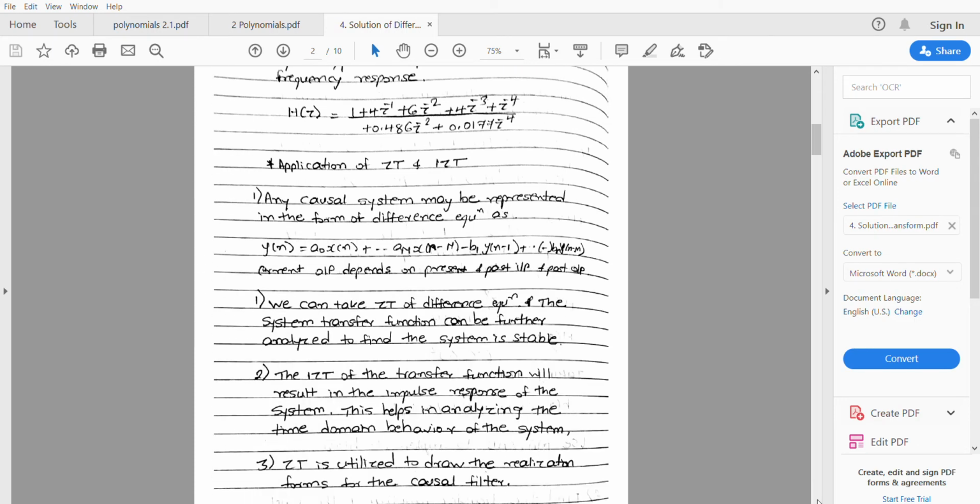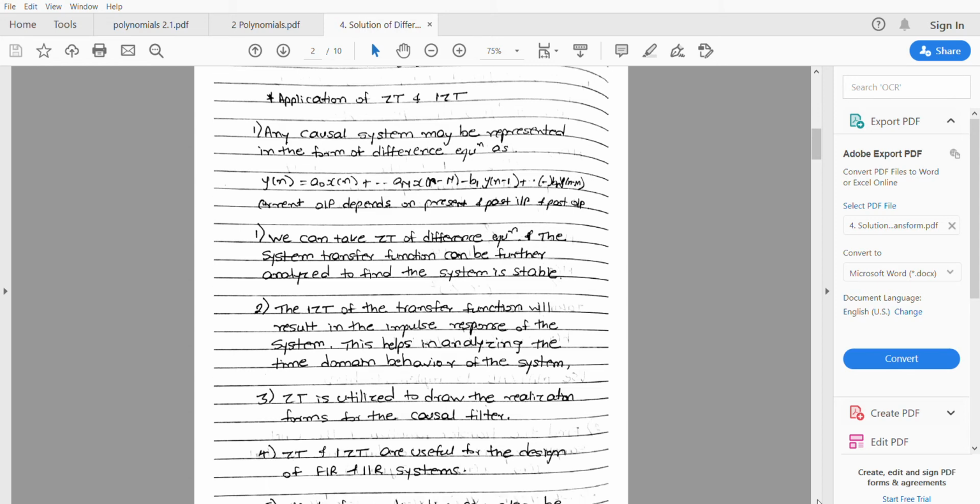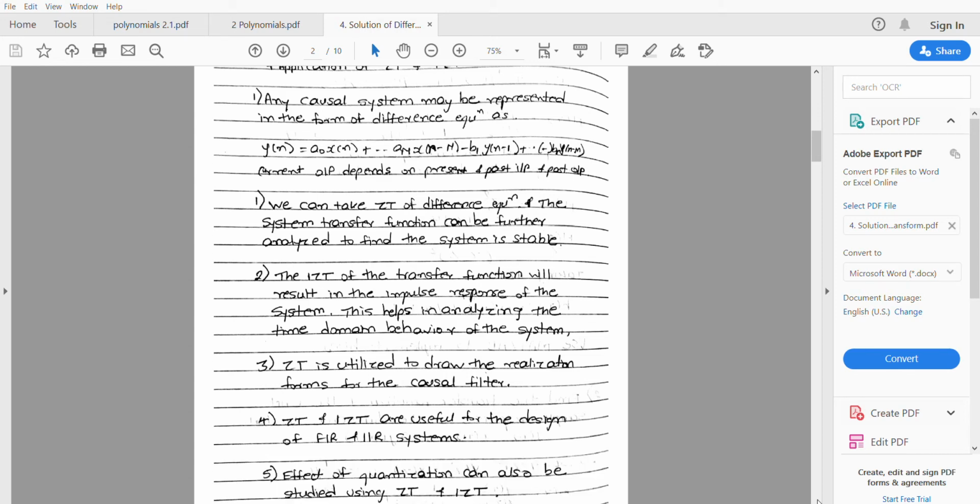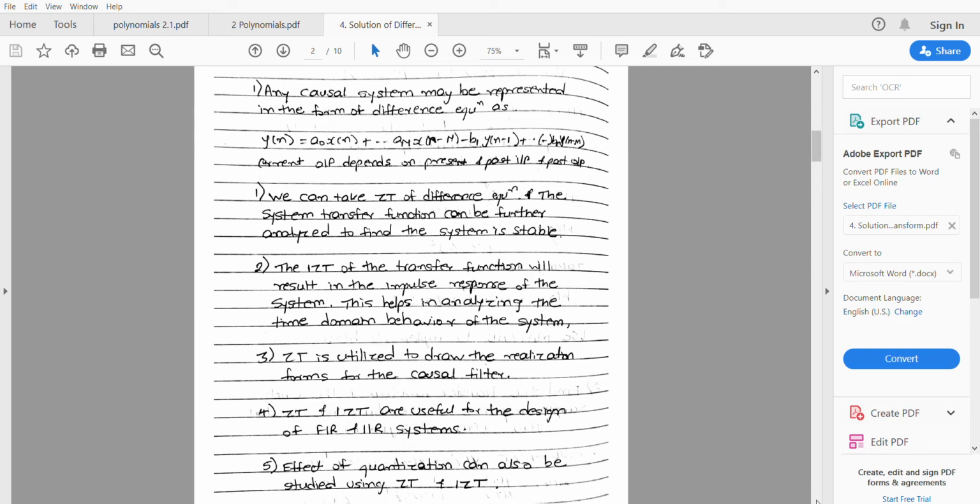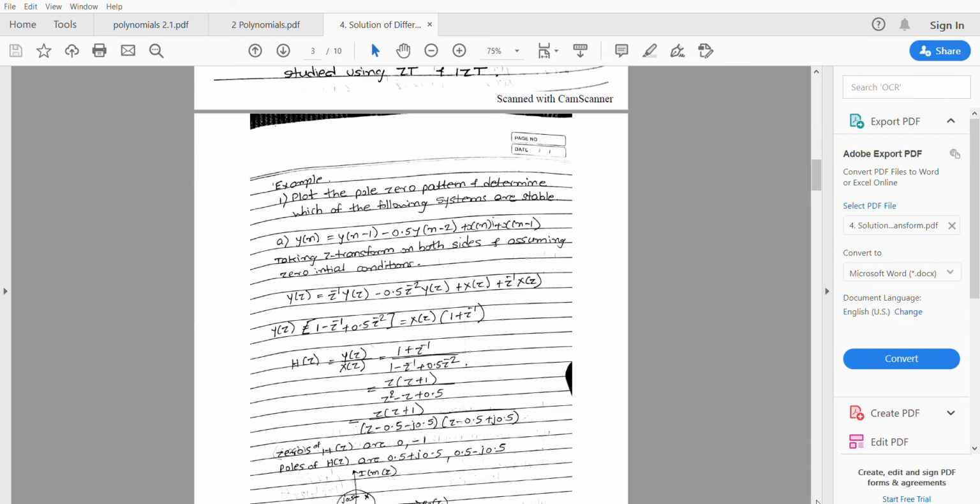These are the applications of the Z transform and inverse Z transform. With the help of this, as already discussed, we can analyze discrete systems. The Z transform is also mainly used for digital filter design, that is IIR and FIR. Now we will see some more numerics.